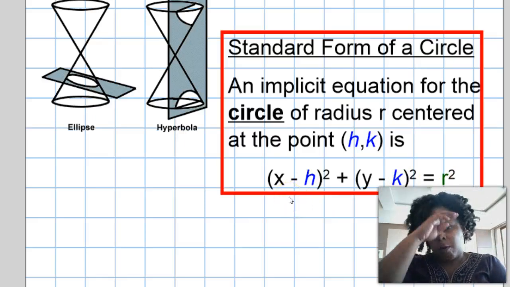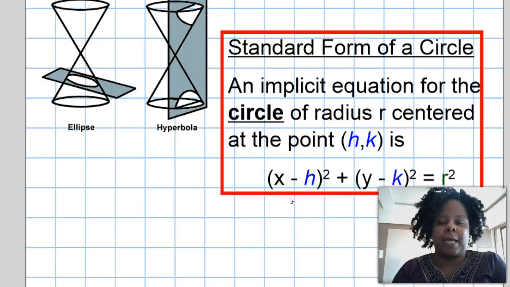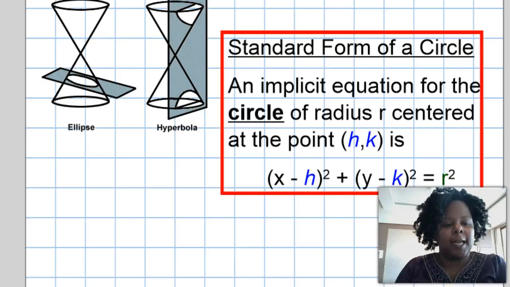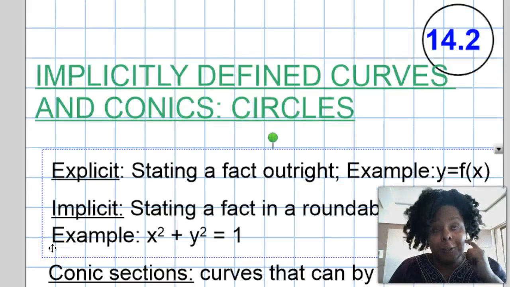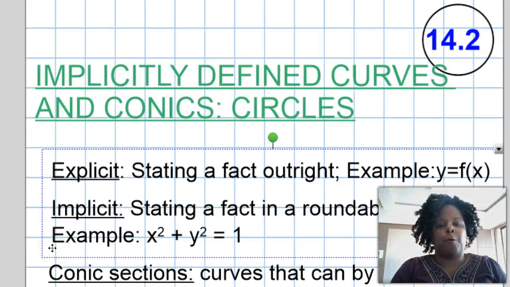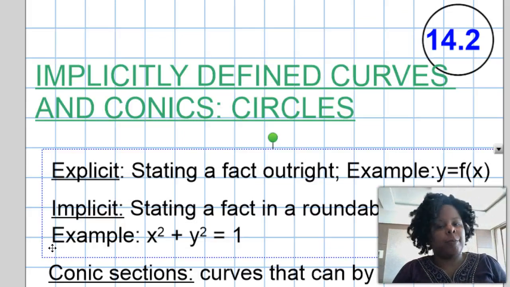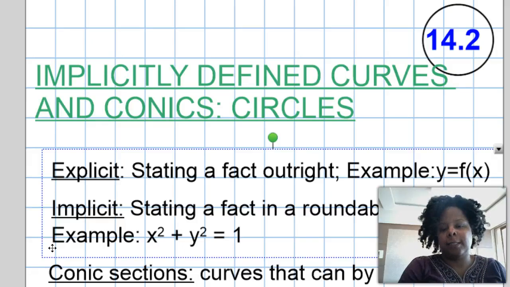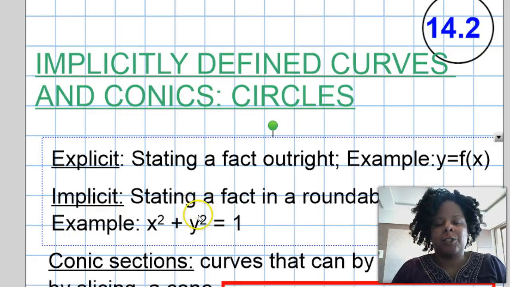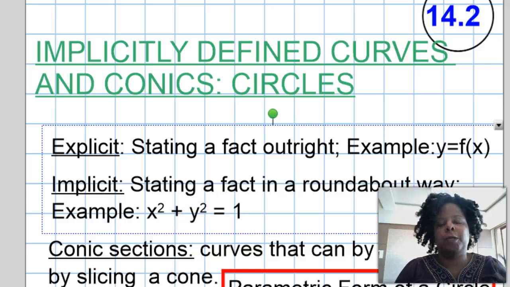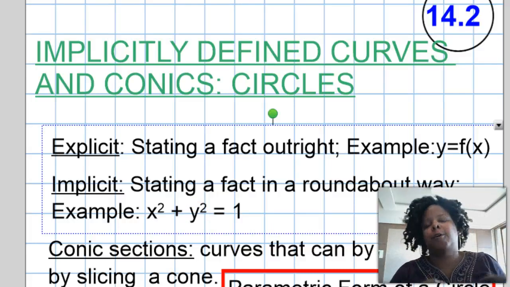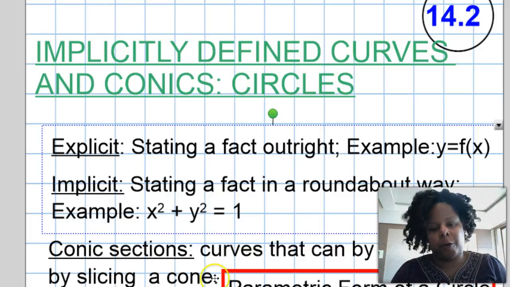So on tomorrow's assessment, in conclusion, you're going to be asked, number 1, to identify how the curve is defined, either parametrically, implicitly, or explicitly. And you may be asked to change from one form to another, either parametric form to implicit form or implicit form to explicit form.